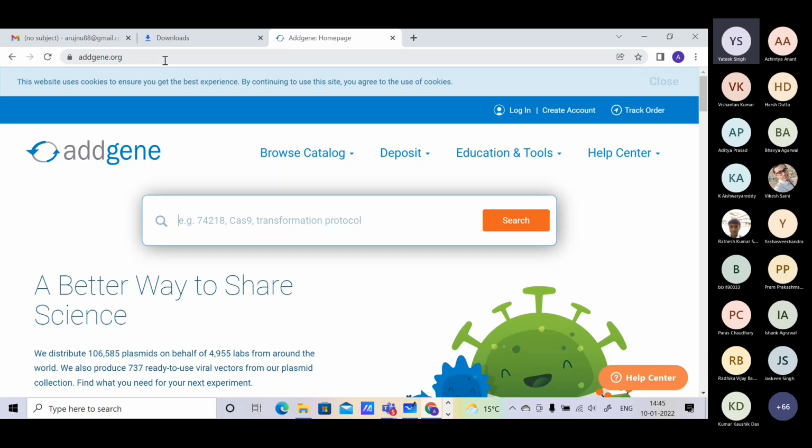Addgene is a repository of vectors, as Manjul has told you. There are various kinds of vectors you will get at Addgene. So one question I may ask, or Professor Mukherjee may ask, is that each of you pick up a vector, open the sequence of the vector, and from that sequence, write the sequence of the promoter which is driving your recombinant protein expression for that vector. Is the question clear?